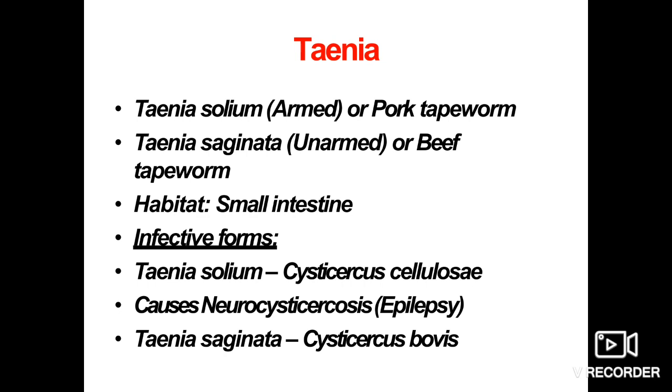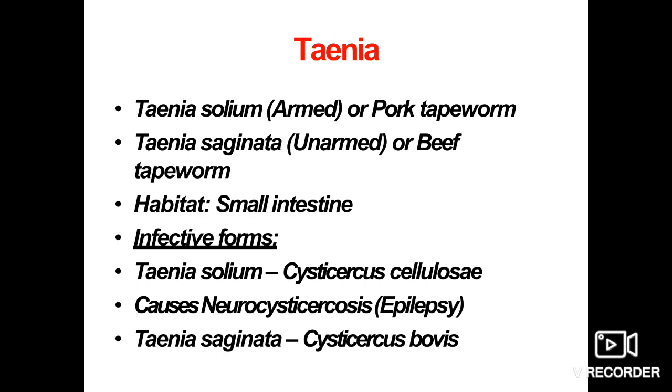So now we'll discuss the first parasite, Taenia. There are two different species, Taenia solium and Taenia saginata. The solium one is commonly called pork tapeworm, and saginata is beef tapeworm.